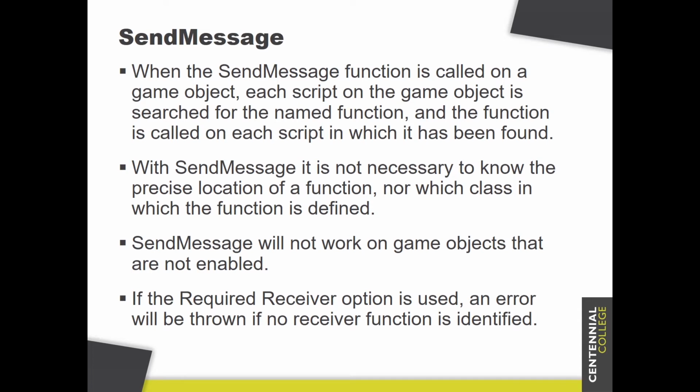So you can see that this can lead to a lot of overhead when you don't know precisely where you're searching for it, especially if you have a large number of scripts located within any given game object. The great thing about it, as I've already mentioned, is it's not necessary to know the precise location of the function. It's like shouting in a room, hey, anybody out there know how to do this? You're shouting into a room and someone answers you back. So you don't have to know the structure in any way. As long as you know the name of the function and the parameters required, you're in pretty good shape.